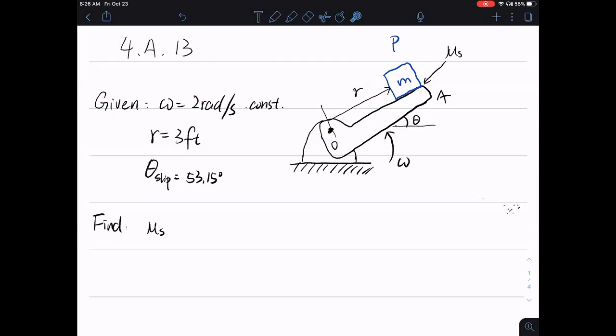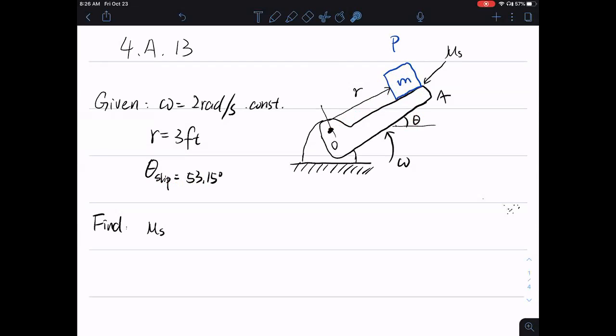As this arm rotates counterclockwise, the angle gradually increases, right? So at one point, when the angle becomes large enough, this block starts sliding down the arm. We know that the angle theta at which the block starts to slip is 53.15 degrees.